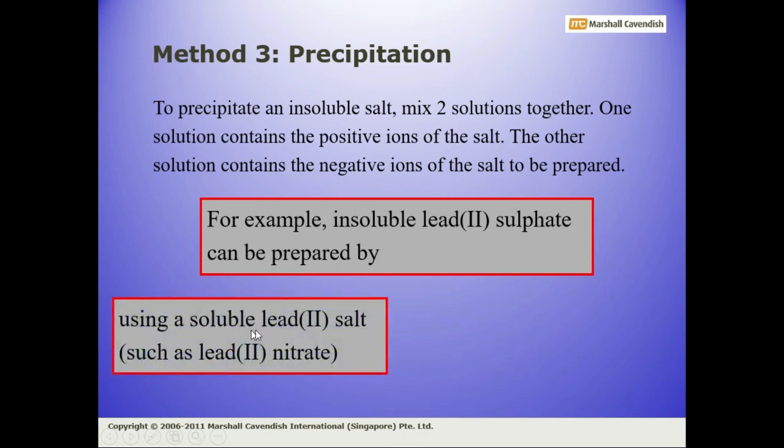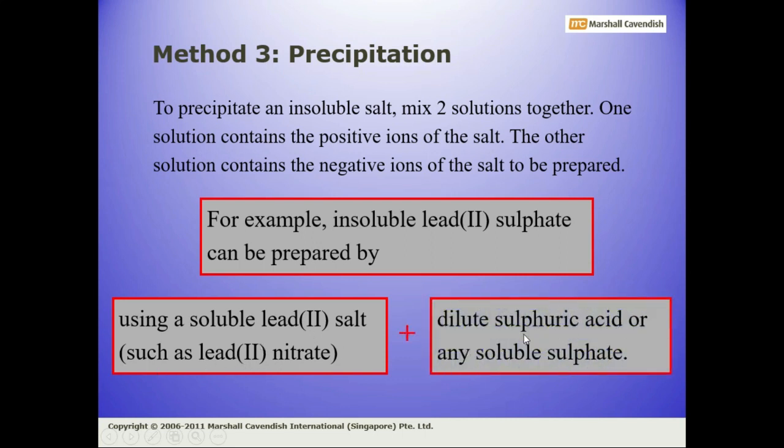So we can use soluble lead salt, that can be lead nitrate, and we can use dilute sulfuric acid solution or any soluble sulfate, for example sodium sulfate, potassium sulfate, ammonium sulfate, etc. So with the help of these two solutions we can prepare lead sulfate, that is insoluble.